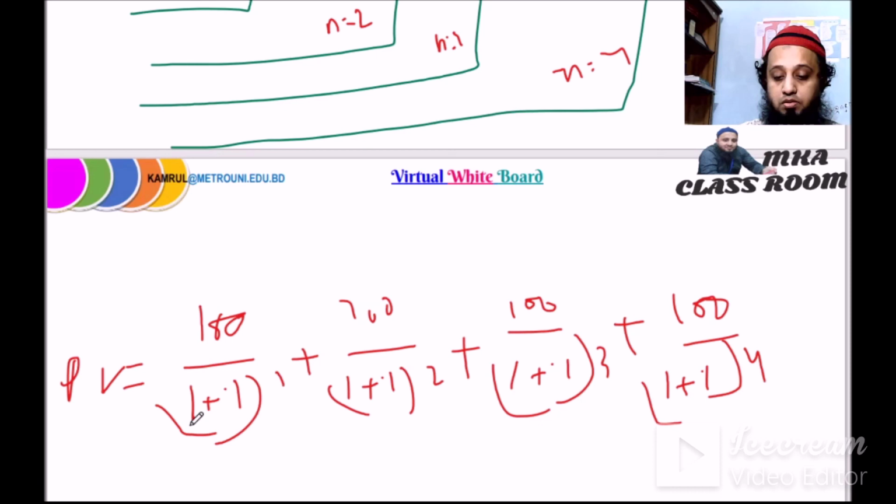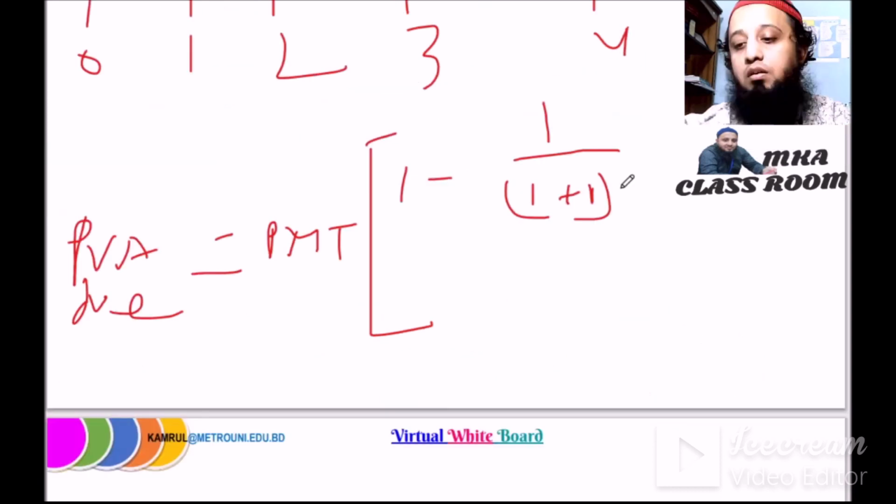So, we know the formula: PVA due equals PMT into 1 minus 1 divided by (1 plus R) power n, divided by R, into (1 plus R).